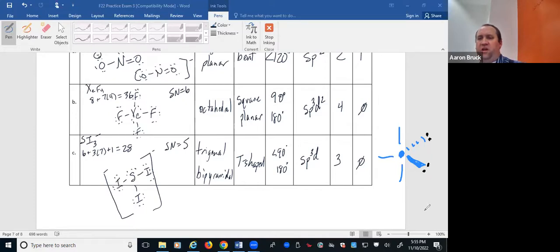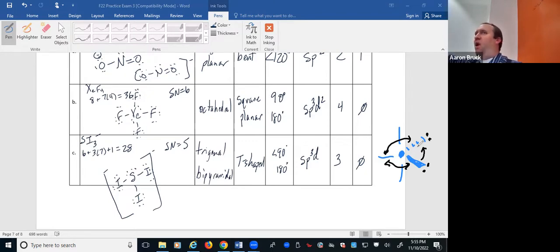My lone pairs are here. Remember, the 120-degree angles are only in this plane. In order to have a bond angle, I have to have a bond through the middle to another bond.